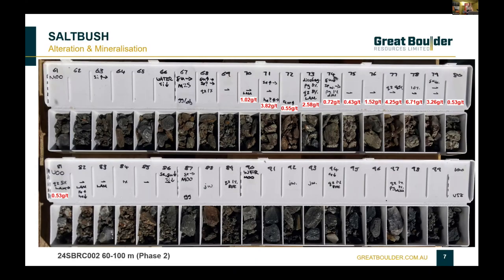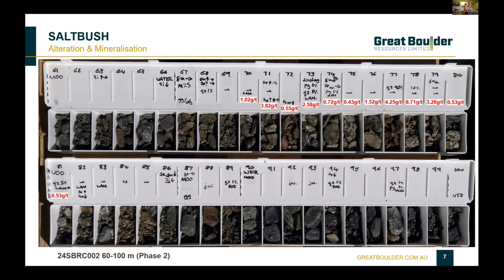We hit water at 66 meters. Then the rock became a lot more sheared into that sheared mafic unit, where fuchsite alteration came in, a little bit of sericite, and some quartz veining. But it wasn't until about 70 meters in this hole that we got the mineralization, which came in with hematite alteration, and the quartz veining is a bit more laminated there.